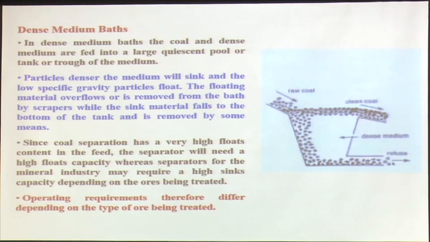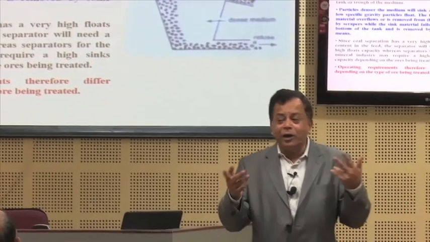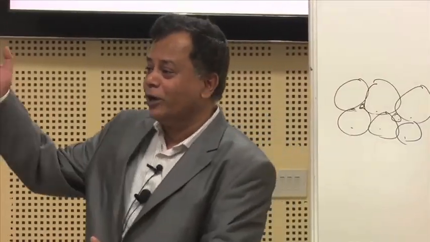For minerals also we use it, but here the challenge is that there are typical design changes between coal processing equipment and mineral processing equipment. Please try to understand that in coal I am having around 40 to 50% ash, so it is almost distributed 50-50, wanted and unwanted. For minerals, I said 2.5 ppm gold is my wanted material, so my unwanted material is basically coming in and going out.